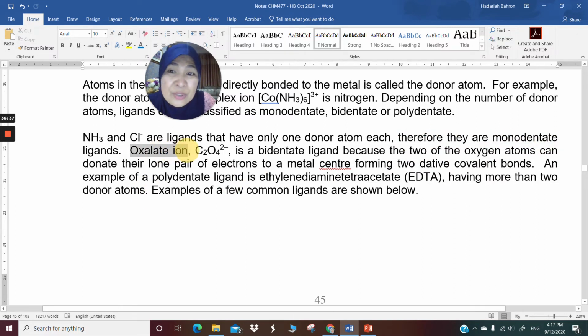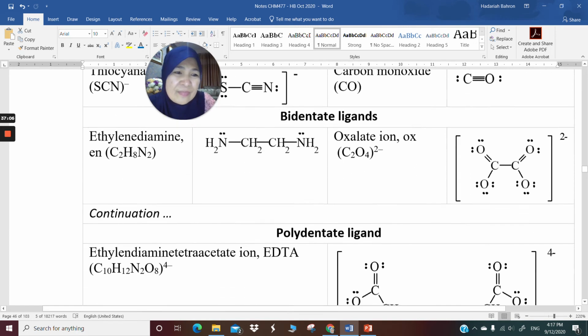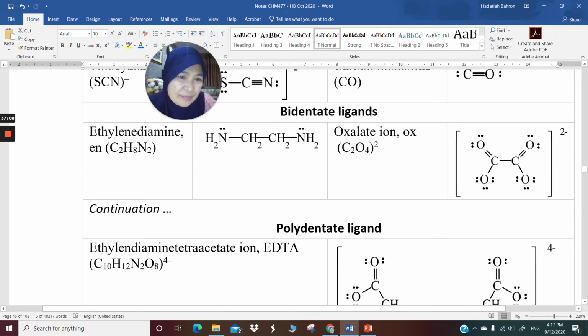Oxalate ion, are you going to meet oxalate ion in your lab maybe this week or next week? Now oxalate ion, which is C2O4 2-, is a bidentate ligand because there are two oxygen atoms in that oxalate that can donate the lone electron pair to the metal center, forming two dative covalent bonds. Let me show you this. So that is oxalate, C2O4.